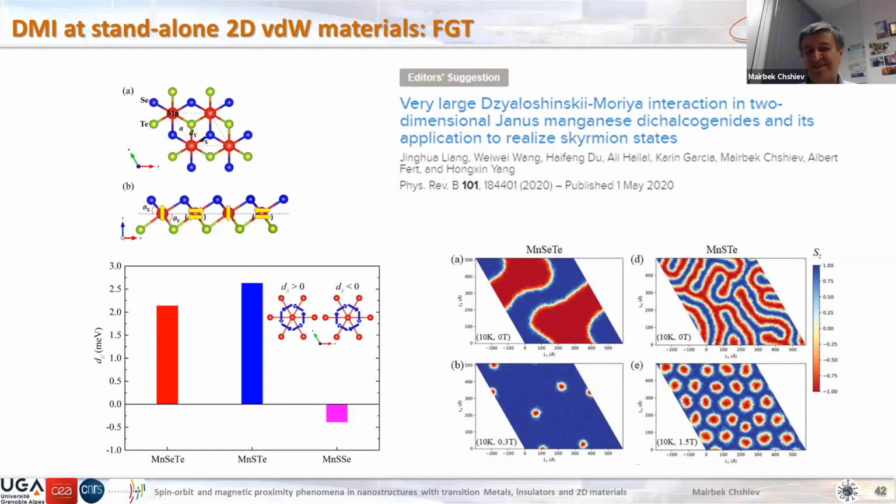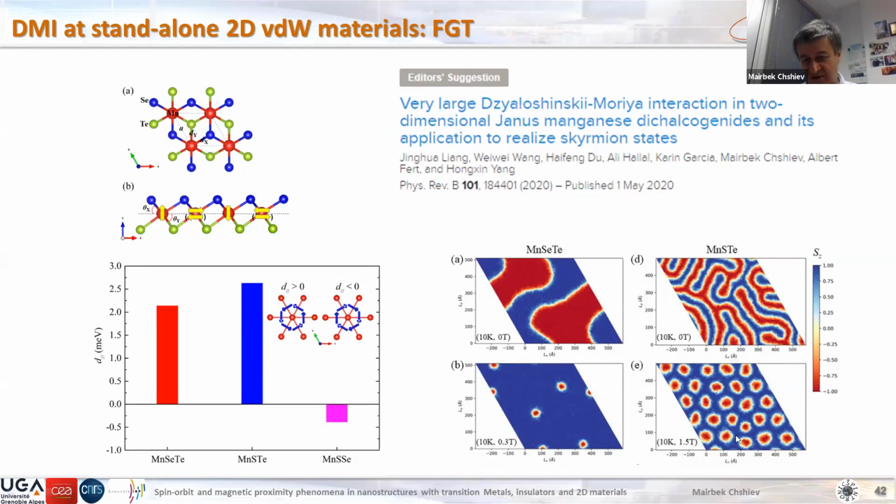But what about standalone van der Waals materials? The idea was that if you break the symmetry by using two different chalcogens on opposite sides, then the DMI for manganese sulfur telluride, or MnSTe, is tremendously large. Obviously, with tellurium it is much larger because tellurium is heavier.